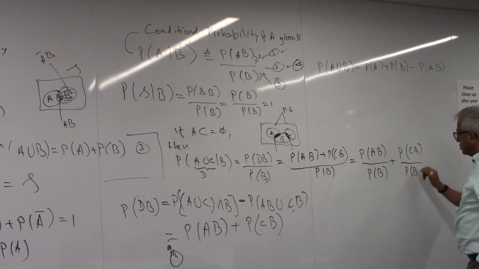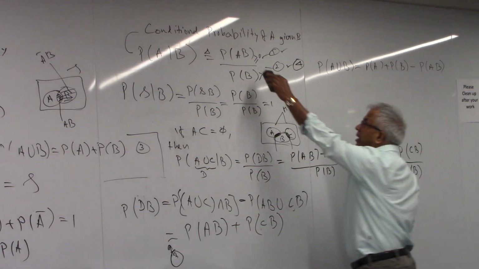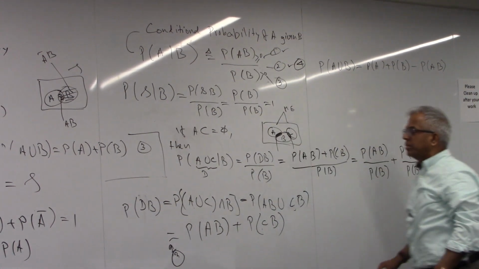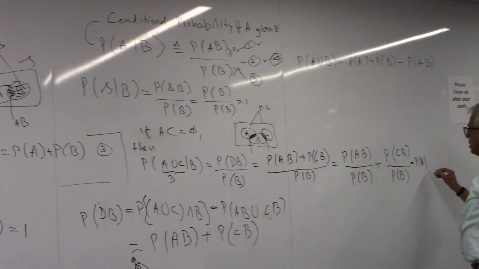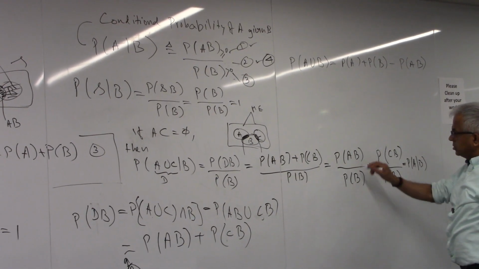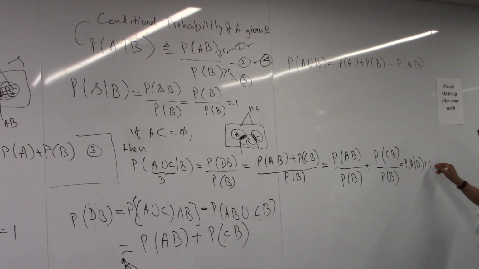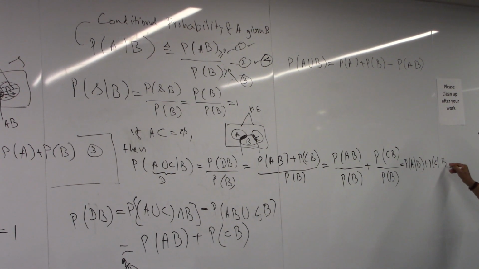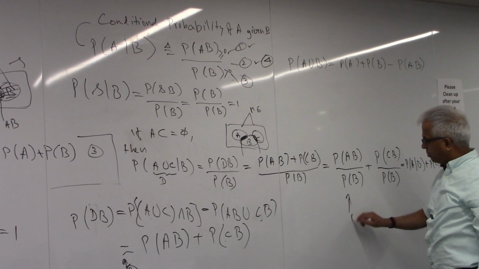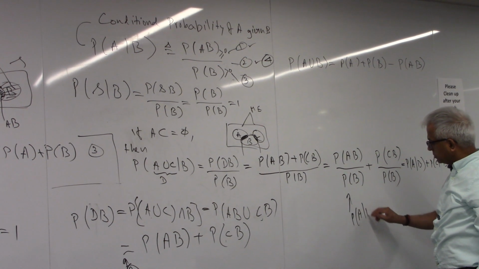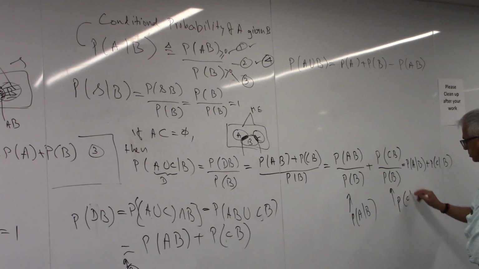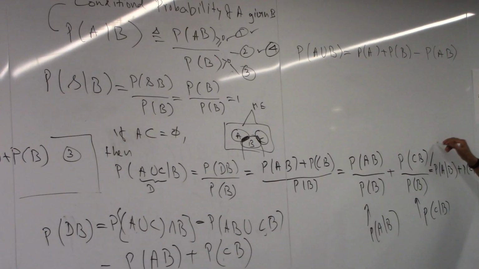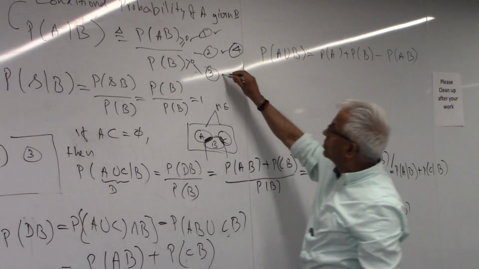Now if I use the conditional definition, remember P(AB) by P(B) is P(A given B). So this turns out to be P(A given B) plus P(C given B). So it checks. Axiom number 3 is also true.